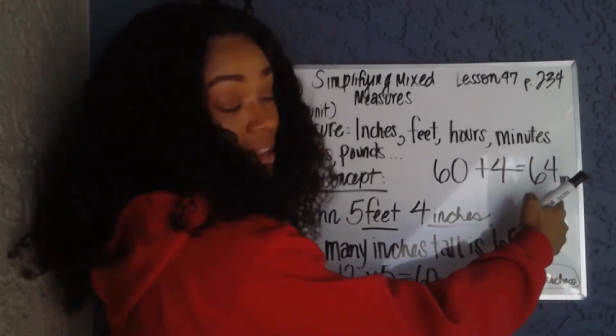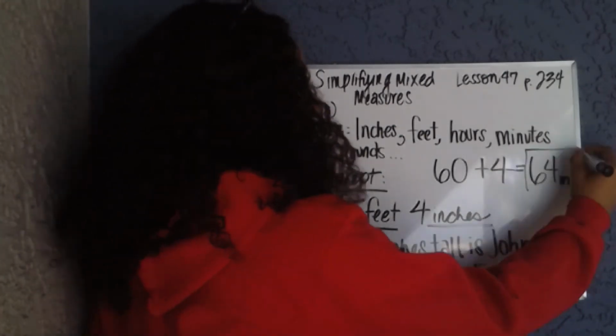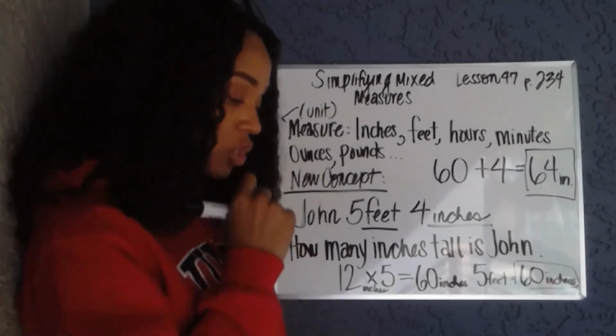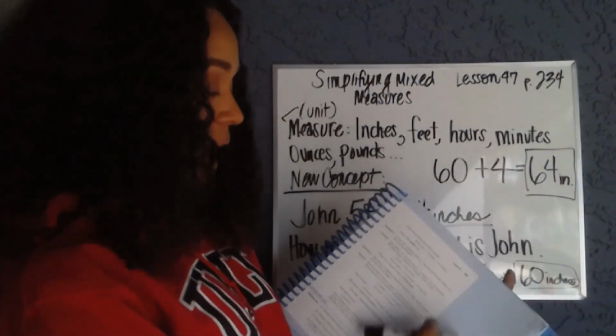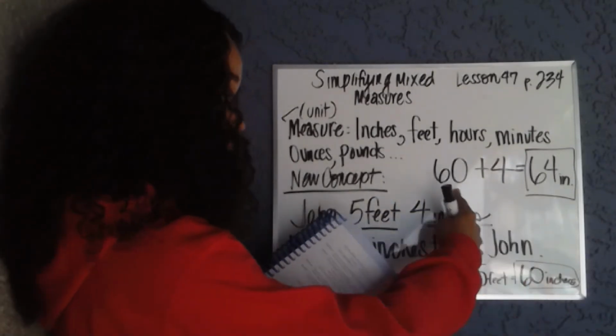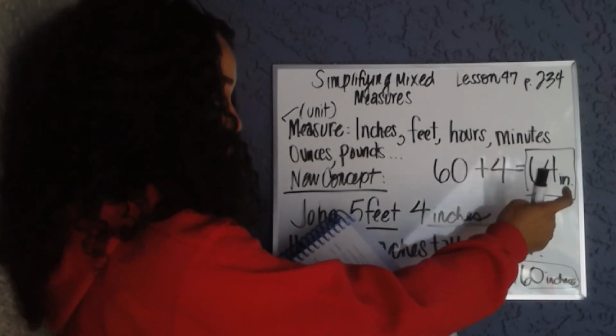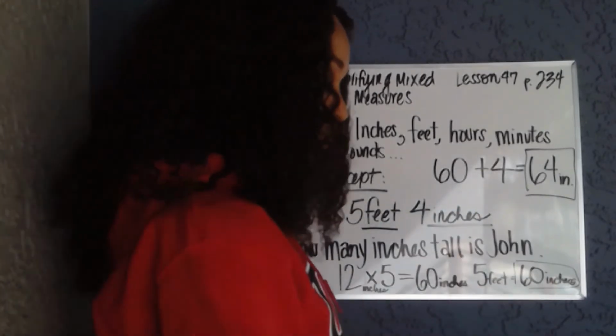I abbreviated that, IN, period. We did go over that this year. He is a total of 64 inches tall. And if you turn over to page 235 in your book, you guys can see that they added 60 inches to 4 inches. That's what we did here. And we said that John is 64 inches tall.